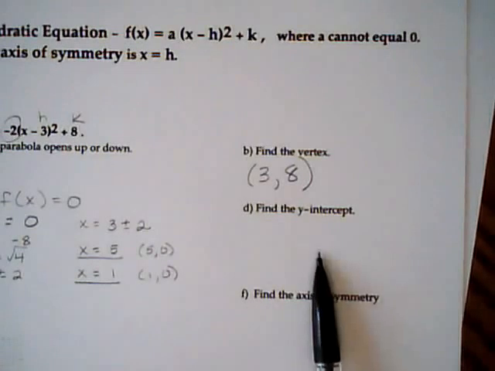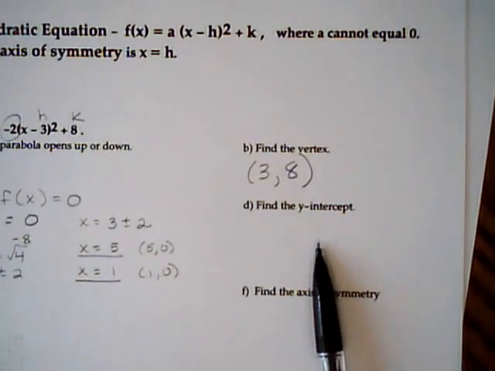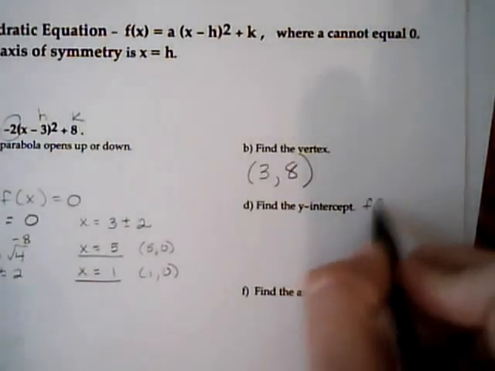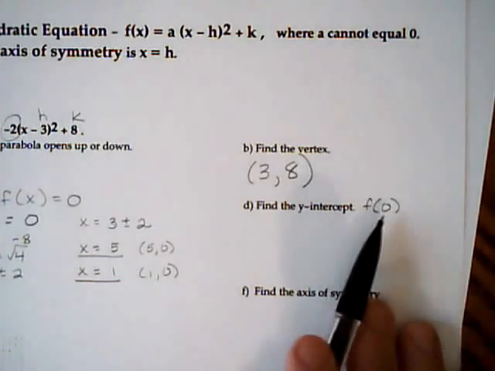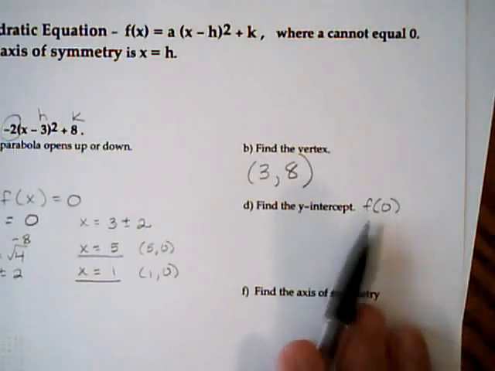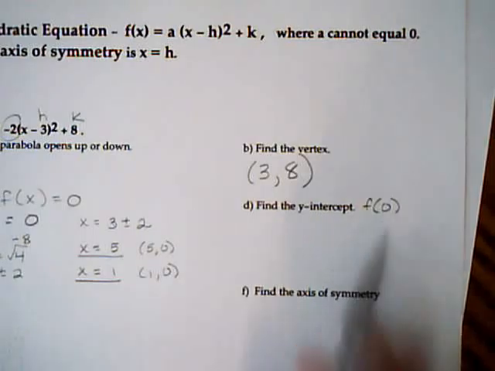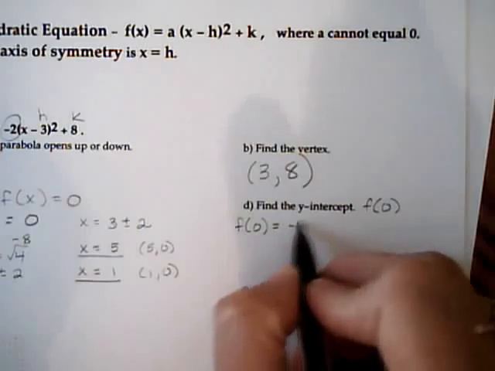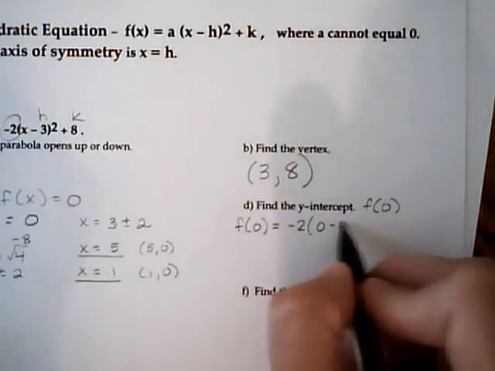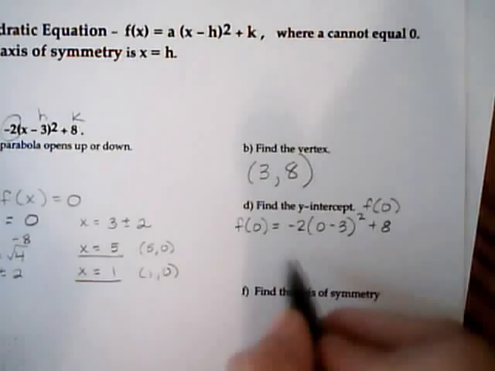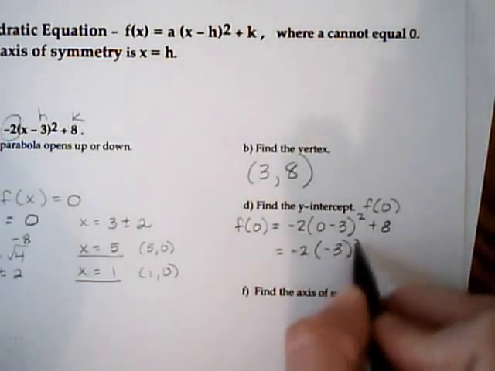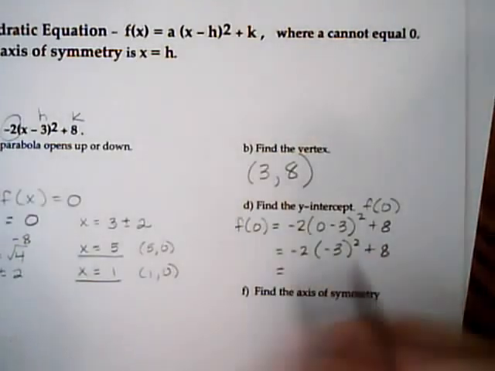Okay, to find the y-intercept, the point where the graph is going to cross the y-axis, you would have to evaluate the function at 0. So you would want to find what is the function at 0. If I take my equation and plug in a 0 in the place of x, we would get -2 times (-3) squared plus 8.